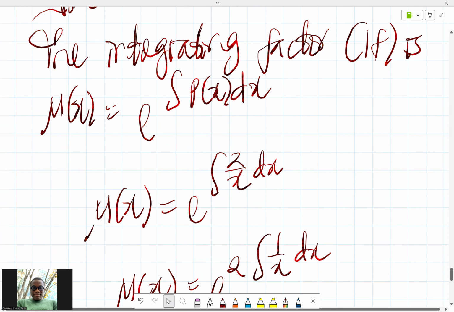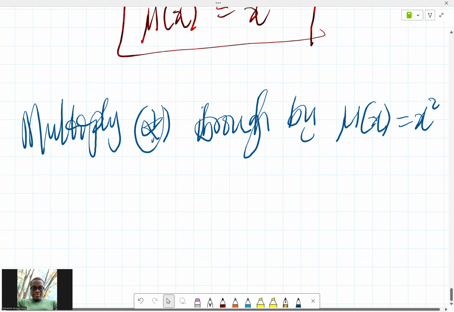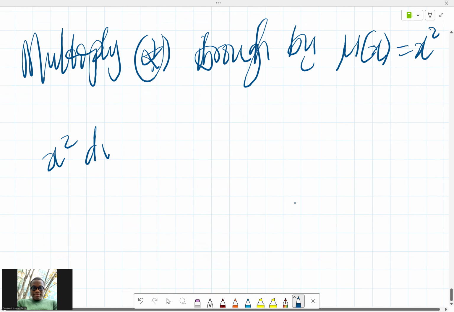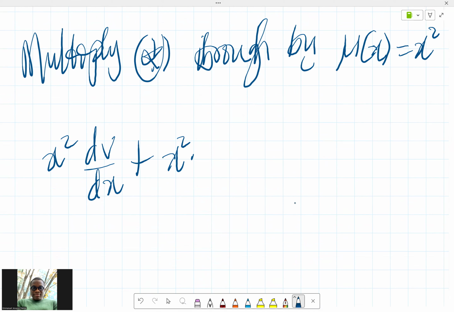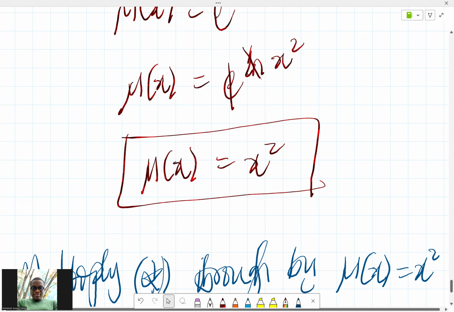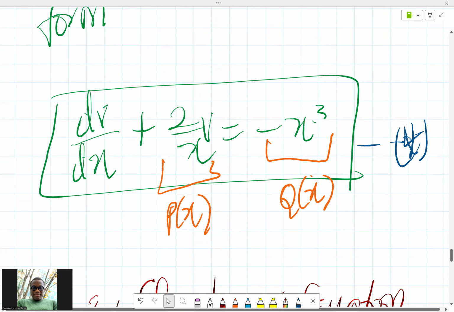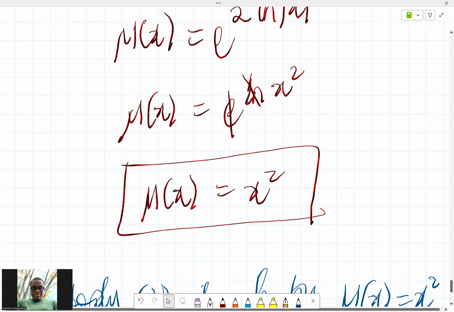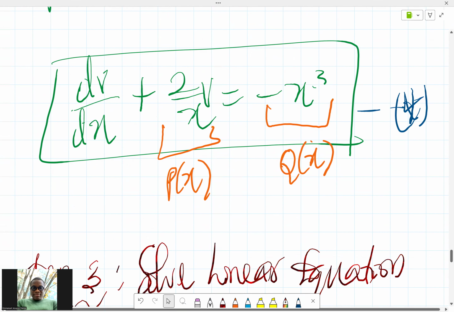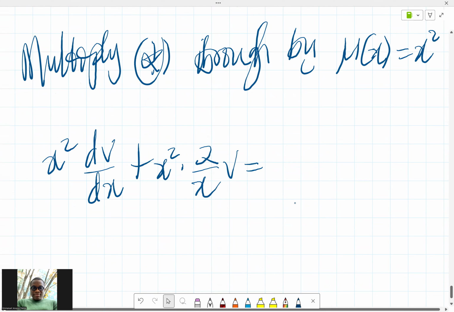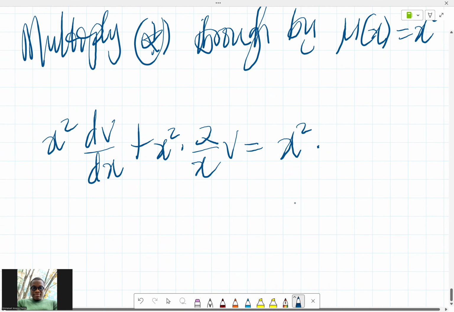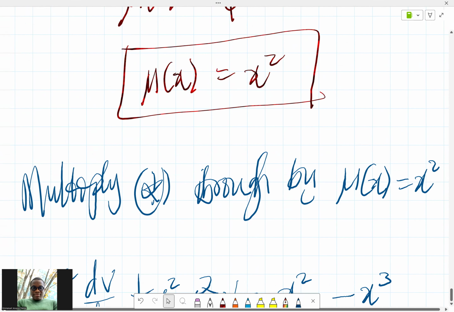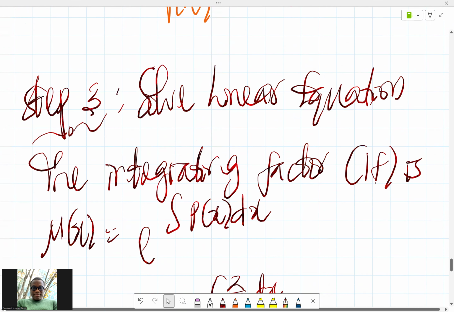So that means we have x squared dv/dx plus x squared times, what is there now, plus x squared times 2 over x v equals, then on the right-hand side, we have minus x cubed. So we have x squared times minus x cubed that we have up there.